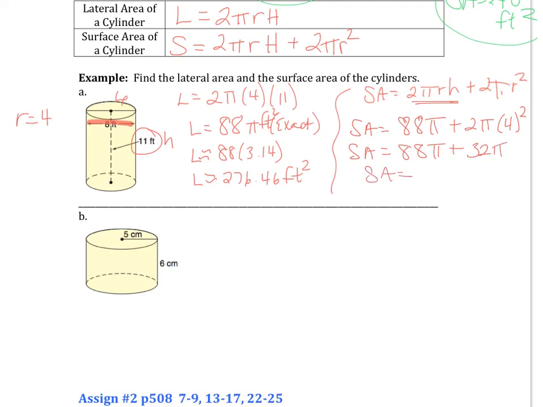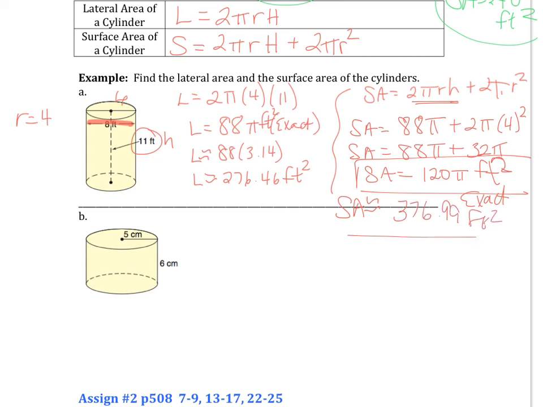Adding those up, 88 plus 32 is 120 pi. Oops, not 110, 120 pi, and we're talking about feet squared again. That's my exact answer. And then using that calculator to multiply that 120 times pi, you get approximately 376.99 feet squared. Again, that's the approximate answer for that one.